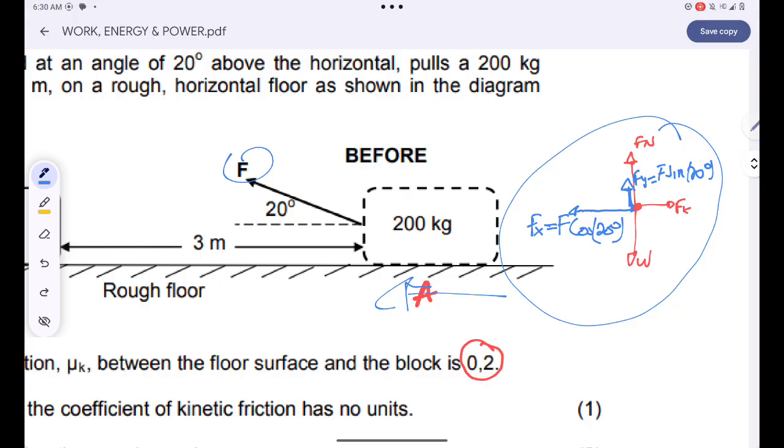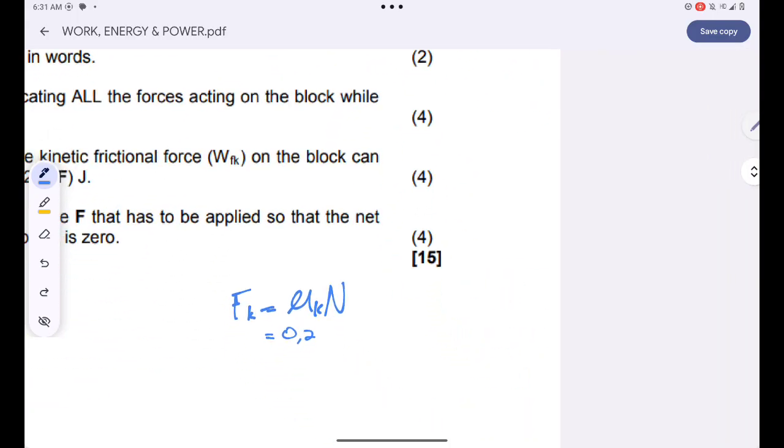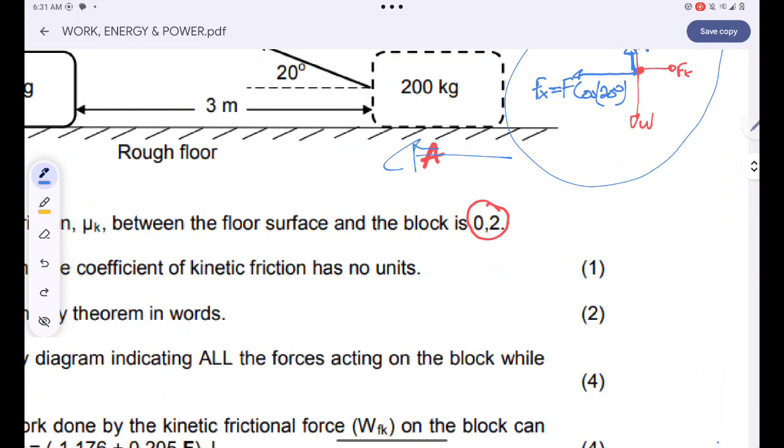All the upwards forces should be equal to the downwards forces, which simply means that F net for the vertical forces is equal to 0. Why? Because our block is not moving vertically. It simply means that the vertical forces are balanced.